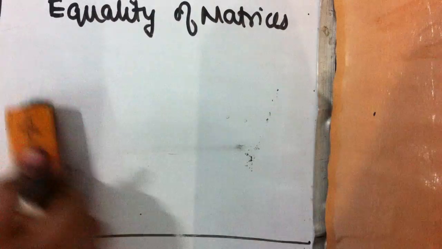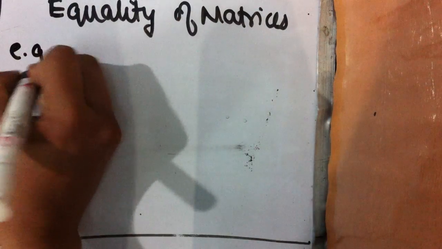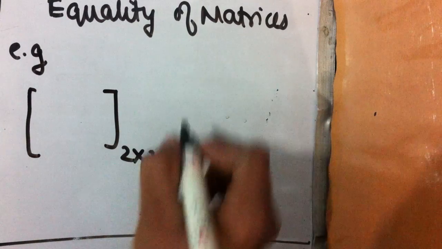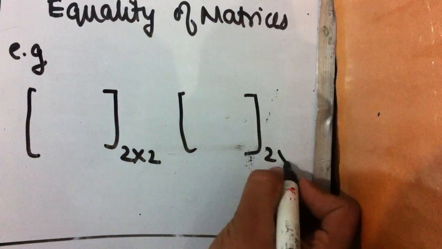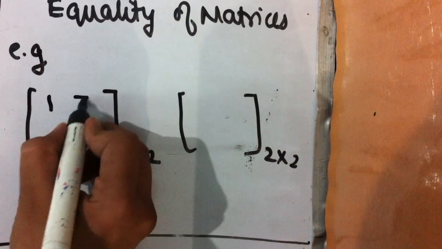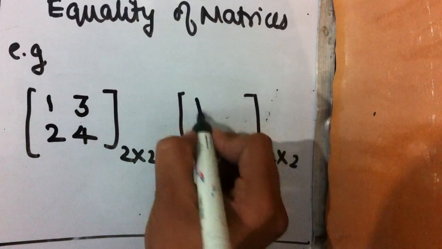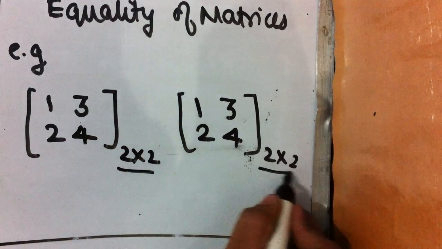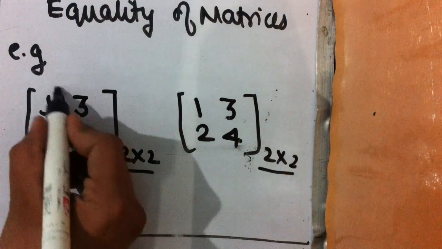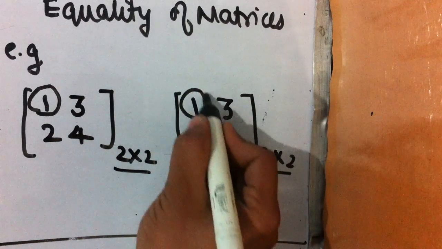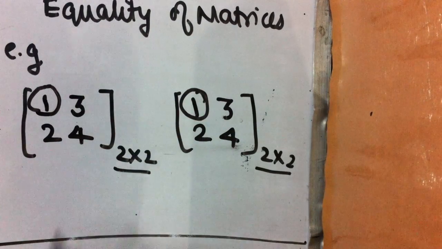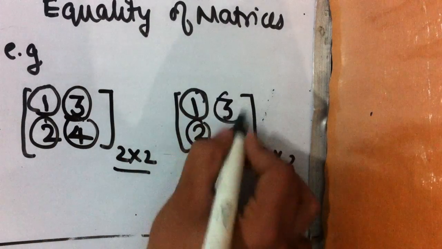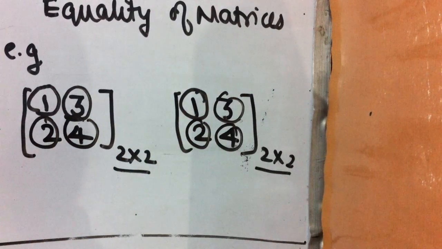Now, for example, a matrix of order 2 by 2 and another matrix again of order 2 by 2. This contains 1, 3, 2, 4 and this also contains 1, 3, 2, 4. Now here the order is the same and the first element perfectly coincides with the first element of the second matrix, the second element and so on, all the elements perfectly coincide with the elements of the second matrix.